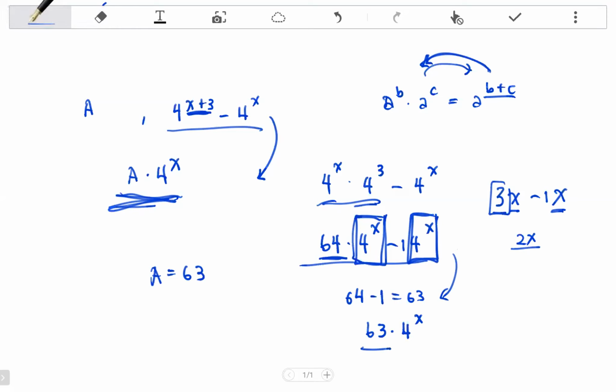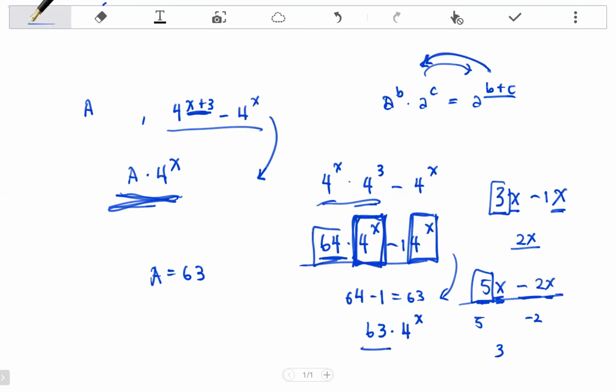When we simplify variables, let's simplify 5x minus 2x as an example. There's 5 x's and -2 x's, right? So 5 of x, it's the same thing as like there's 5 cats and there's -2 cats here. So we can simplify 5 minus 2 as 3. We look at this the same way. 4 to the x is going to be another variable.